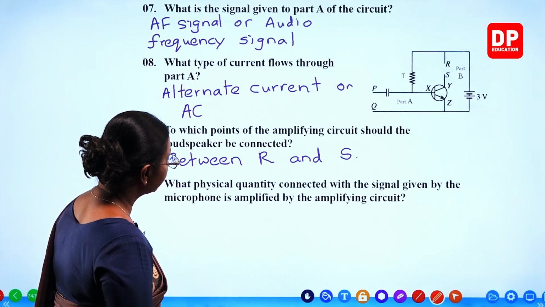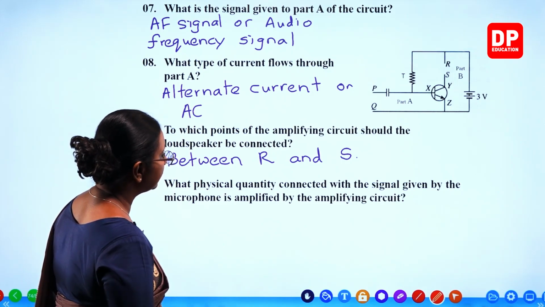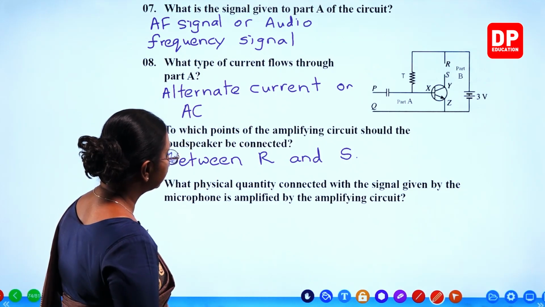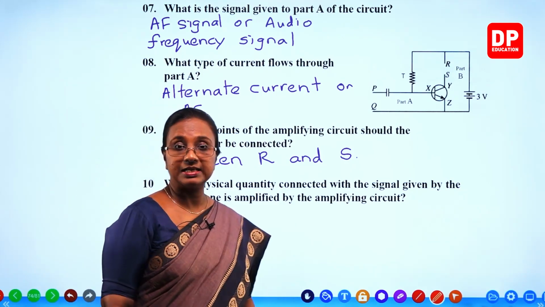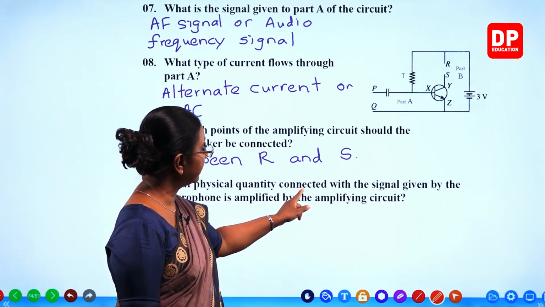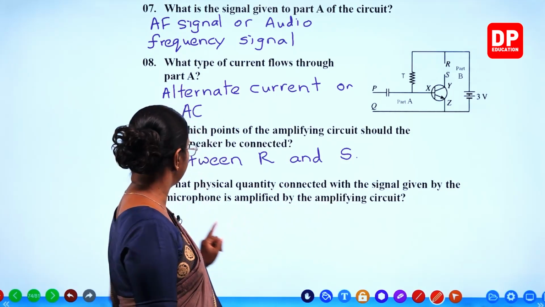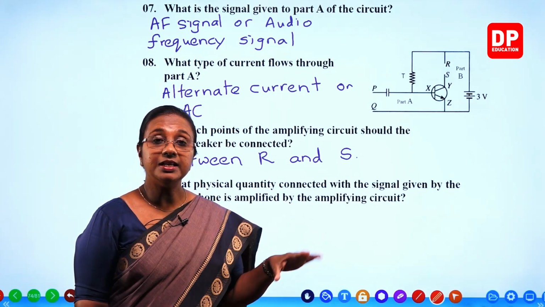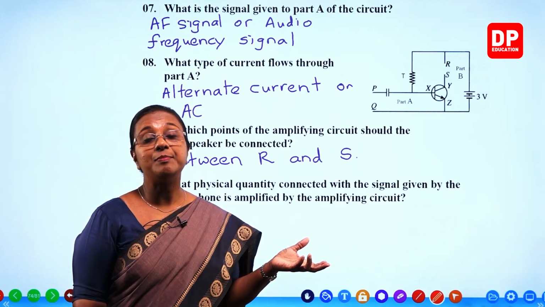Then the 10th question. What physical quantity connected with the signal given by the microphone is amplified by the amplifying circuit? The physical quantity is going to be the amplitude.